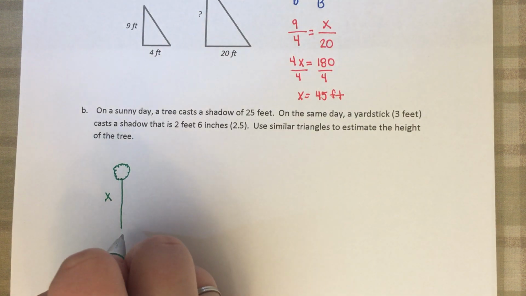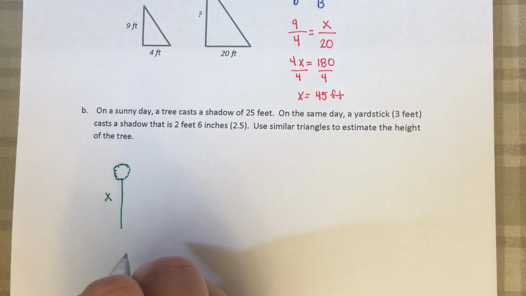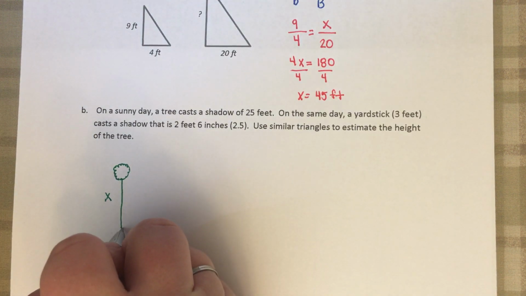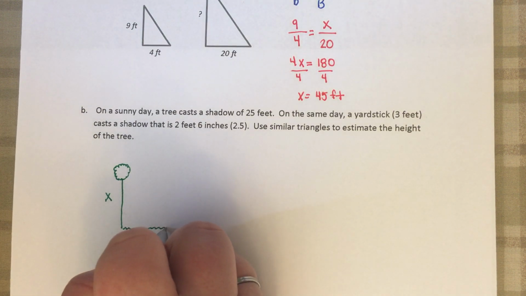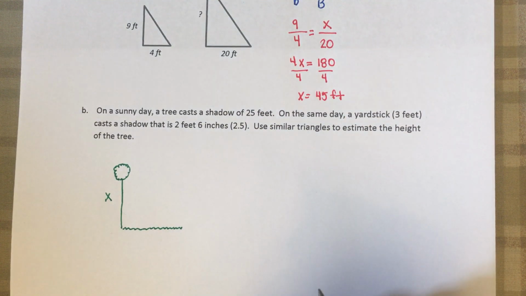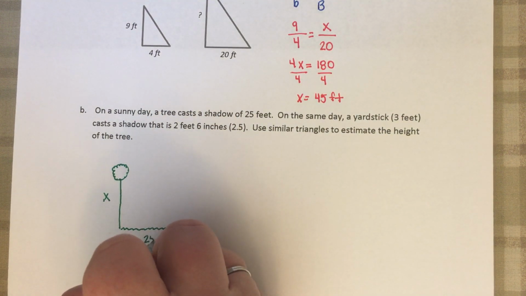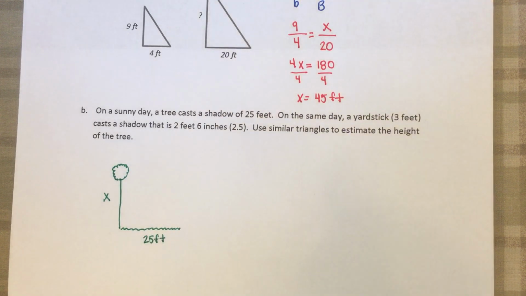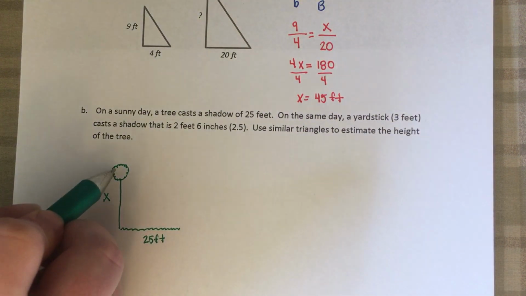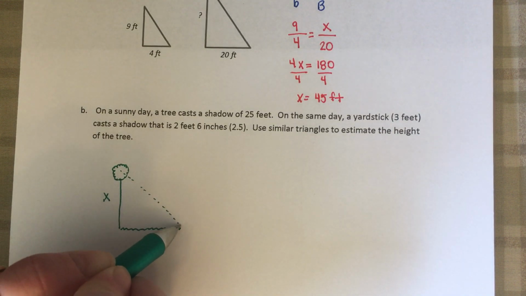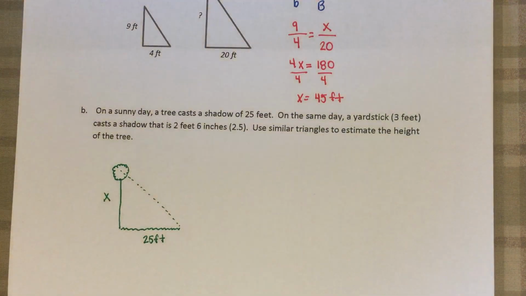Well, this tree happens to create a shadow on the ground, which means that the sun is somewhere up here, and it's shining on the tree, and the tree's shadow is going to be down here on the ground. This tree's shadow, we're told, is 25 feet. And now we're just going to connect the dots here to get a triangle shape.